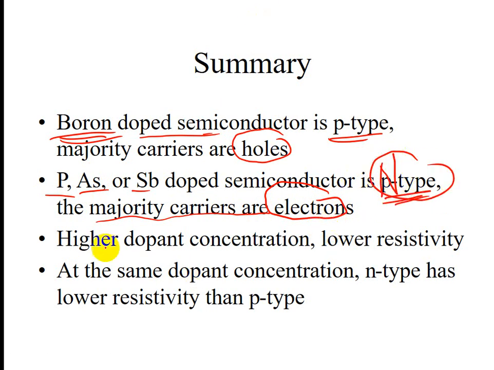Okay. As we mentioned, the higher the dopant concentration, the better the conductivity, so the lower the resistivity. At the same dopant concentration, n-type semiconductor has a lower resistivity than p-type because electron has better mobility.